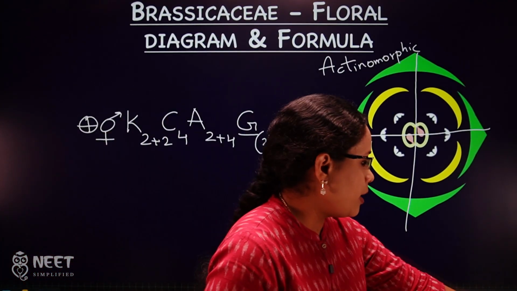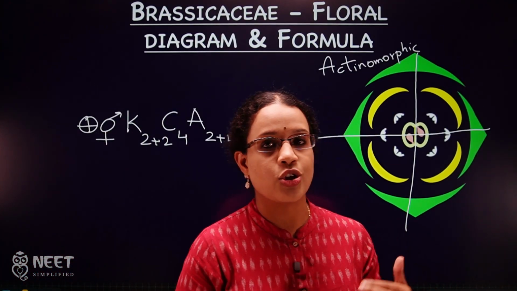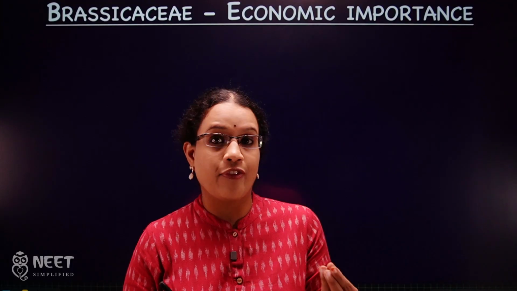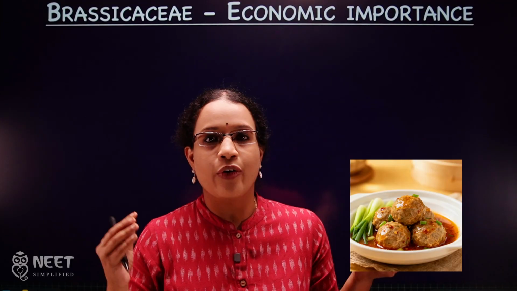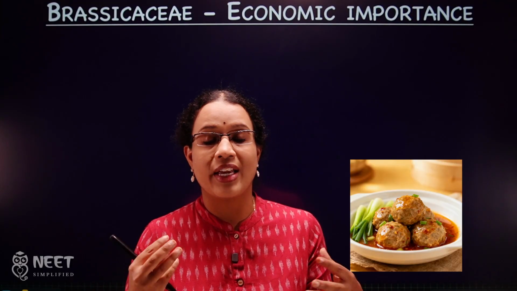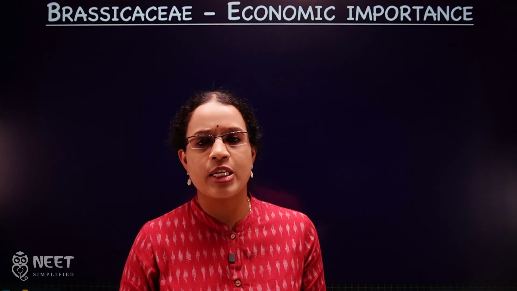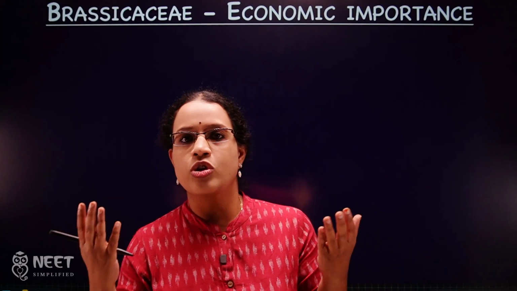Right? Now, coming to the economic importance of these Brassicaceae, how will you remember that? I hope most of us love to eat Manchuria, isn't it? Now, we can remember this family as the Manchurian family. Yes, we know Manchuria is made with gobi and also cabbage.